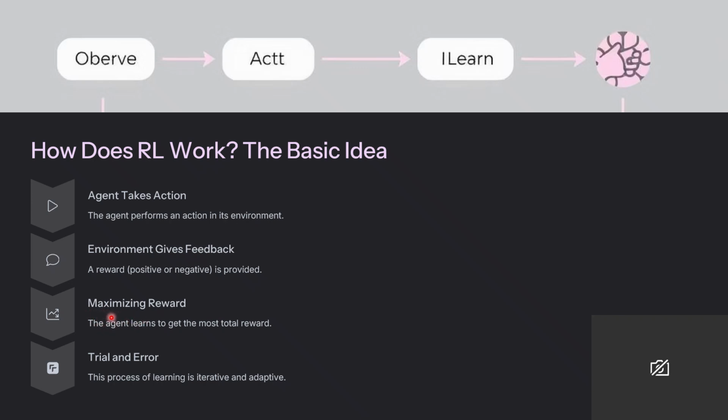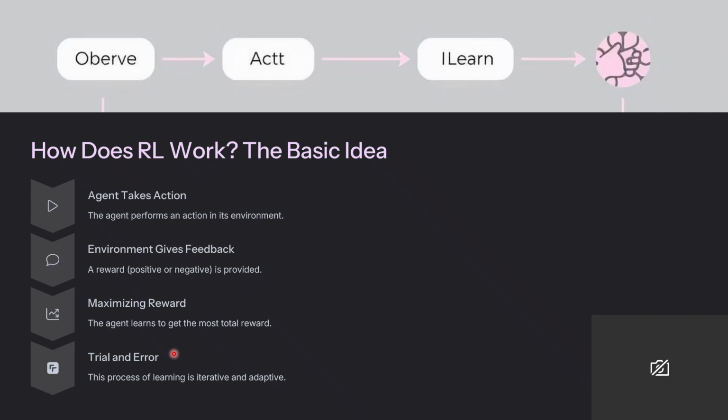This means that the agent is remembering the past history and tries to maximize its rewards by getting the positive feedback. So the last and fourth step is the agent keeps trying again and again.